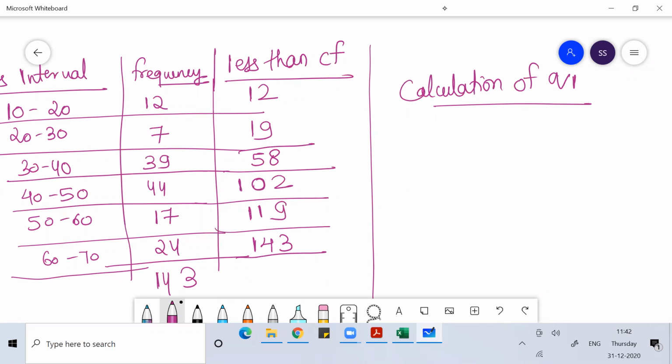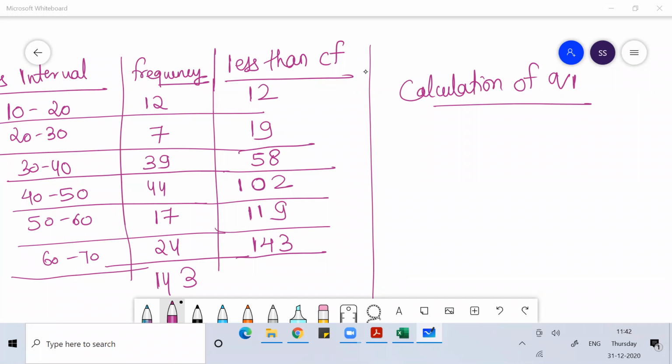Yes, Reshma, if the class intervals are not continuous, you have to convert the discrete class intervals into continuous class intervals, and then you have to do it. In previous classes, I have done all that for the problem. If you want, you can go through my previous videos, and there you will understand if you have any doubt.